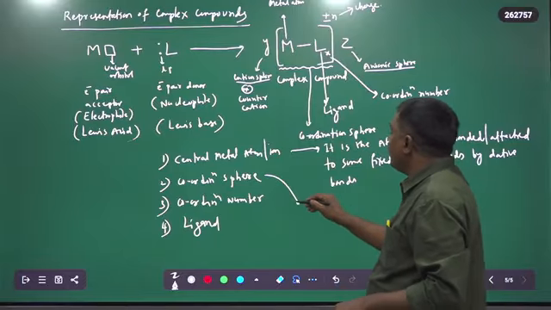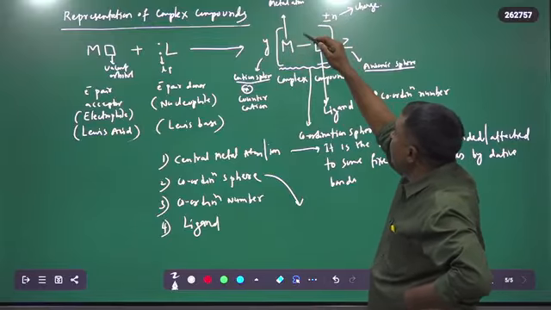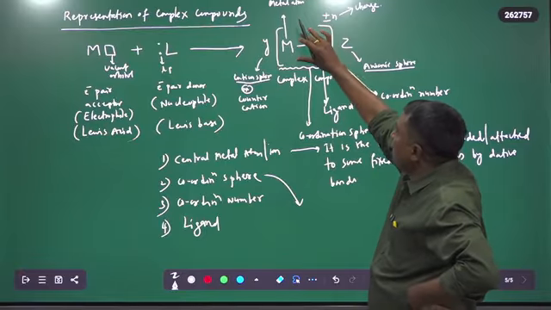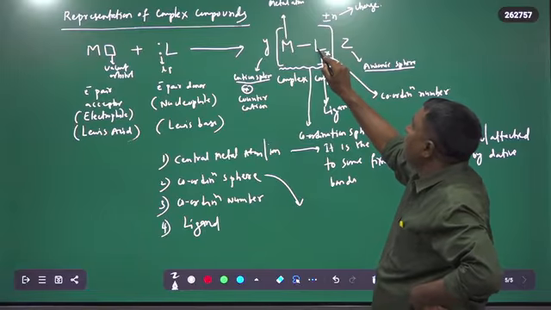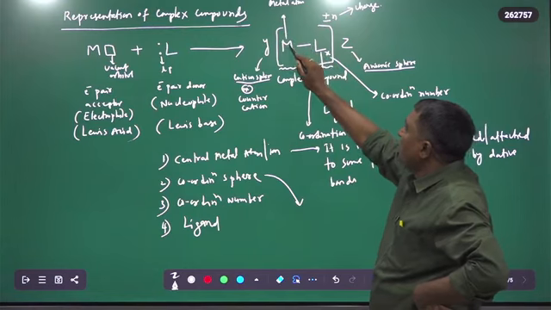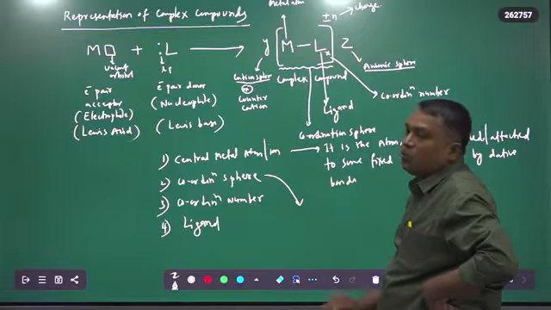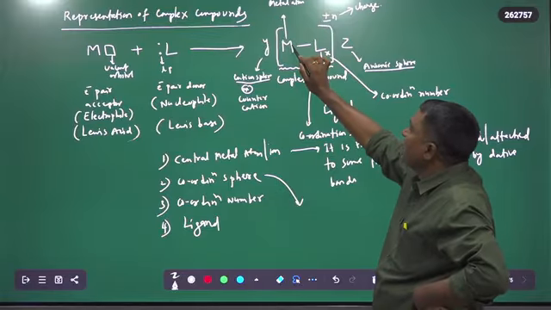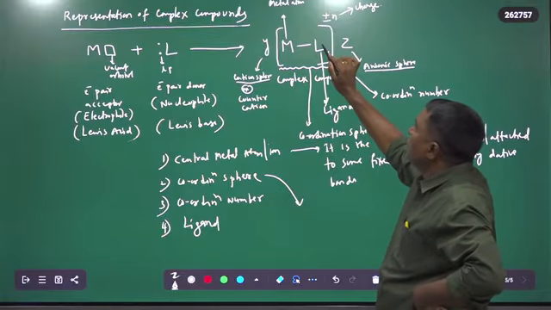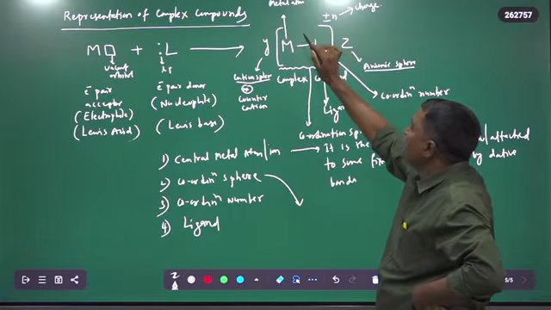So what is a coordination sphere? This is the square bracket region. This is the sphere where the metal is attached with some fixed number of ligands. The sphere in which the central atom M is bonded to some fixed number of L's is nothing but what?